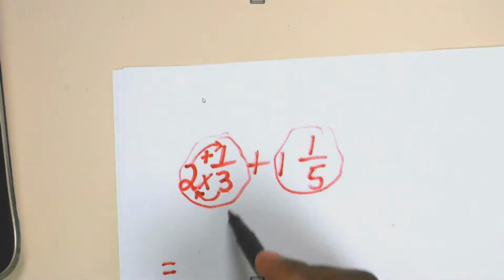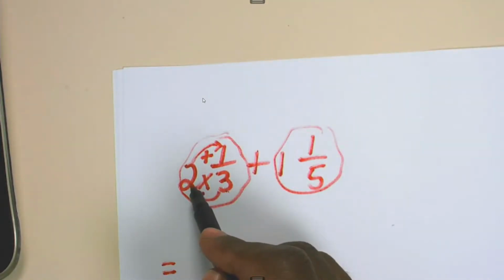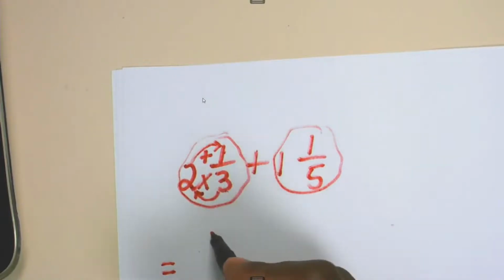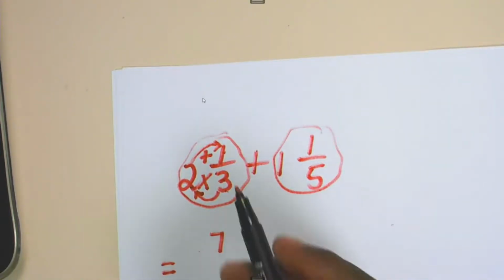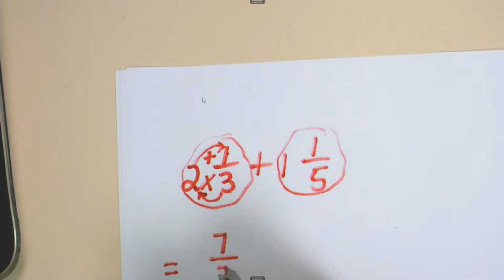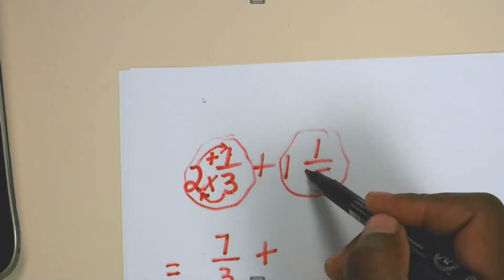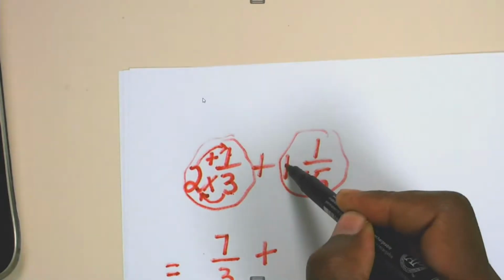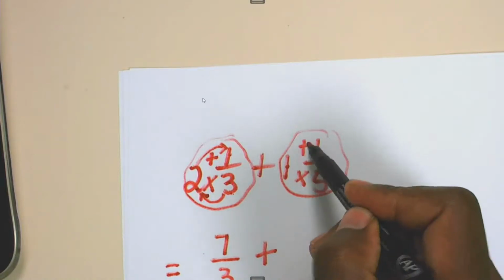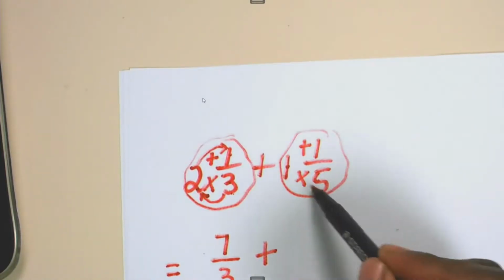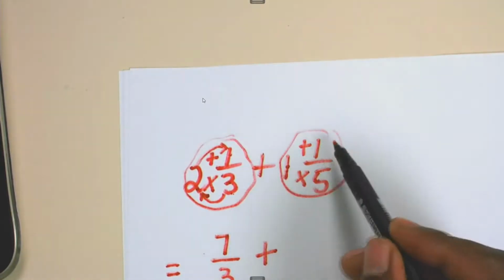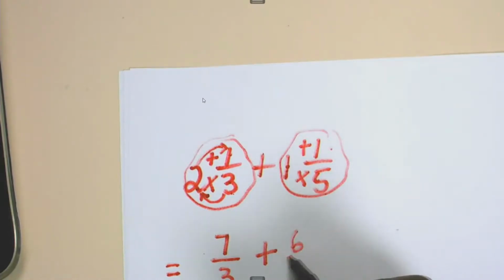So we will say 3 multiplied by 2 is 6, plus 1 equals 7. But the denominator will remain as is. We say plus, again, we multiply the denominator by the whole number, and then we add the numerator. So 5 multiplied by 1 is 5, plus 1 equals 6 out of 5.